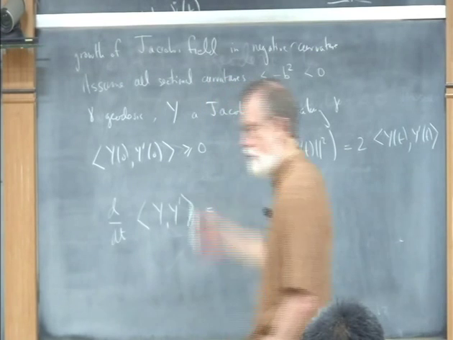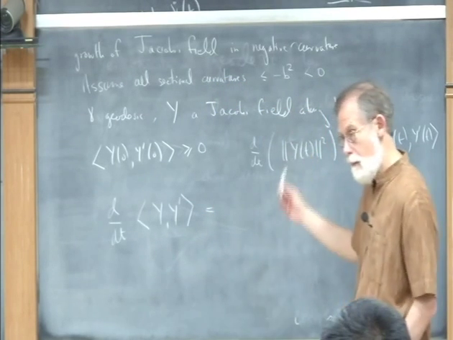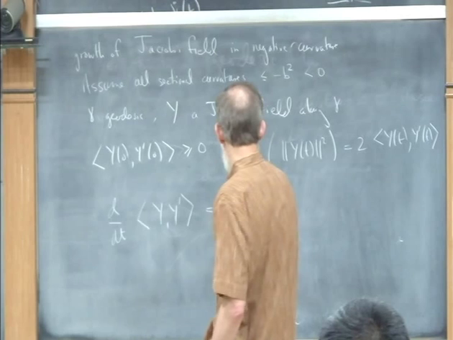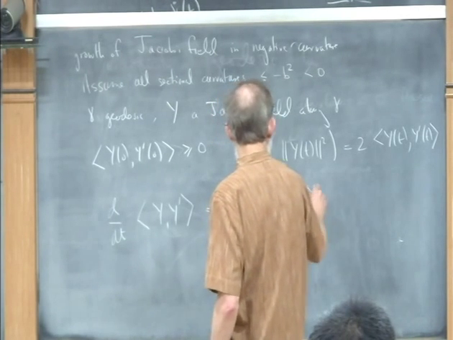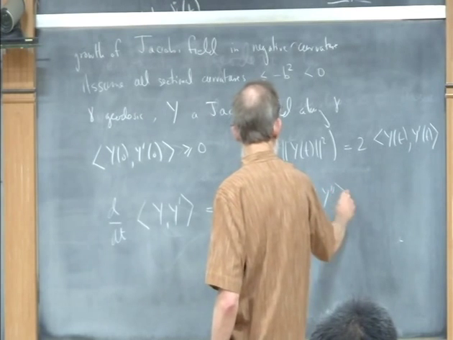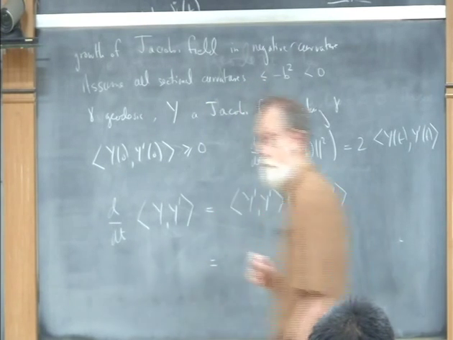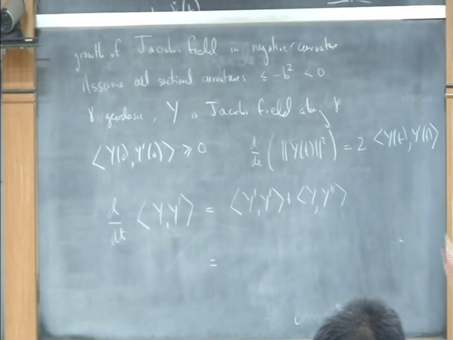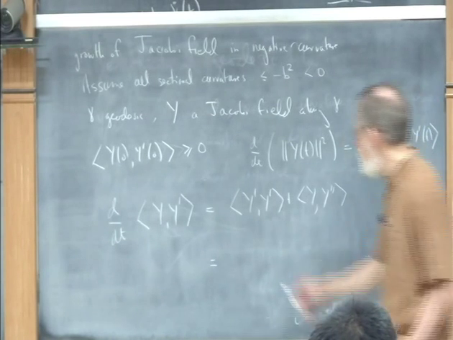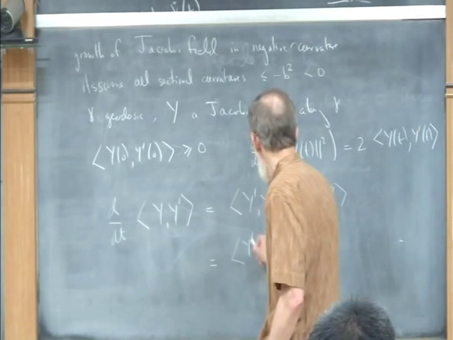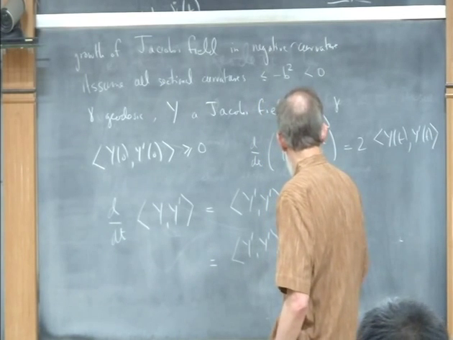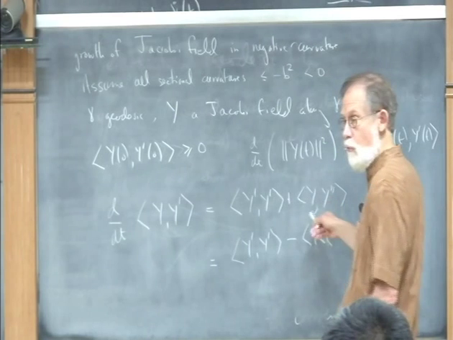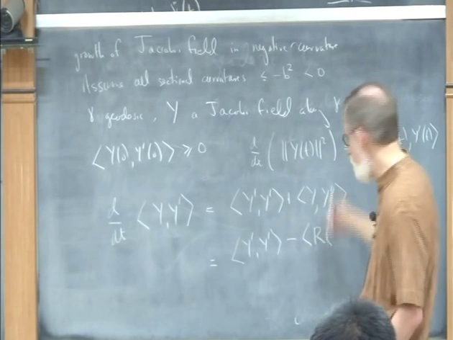So I use the product rule, and I get y prime with y prime plus y with y double prime. Then I use the Jacobi equation. So this will be minus the inner product of, and I also reverse the order in the inner product.